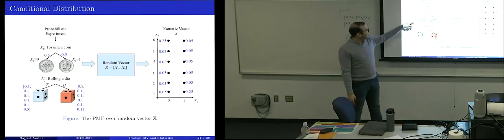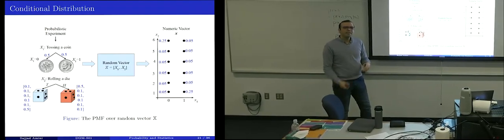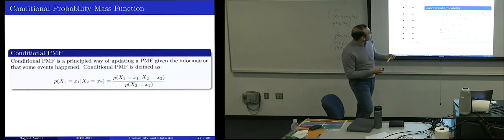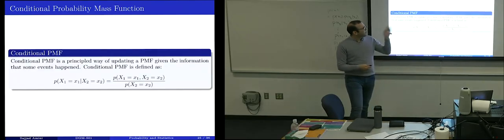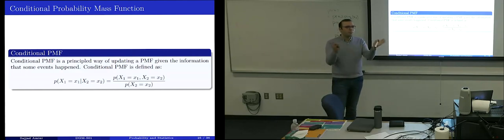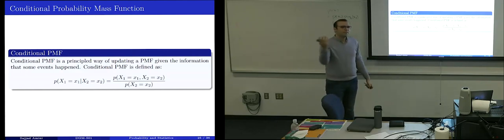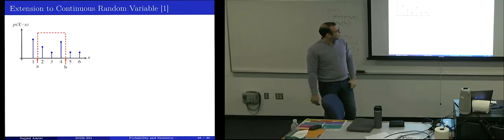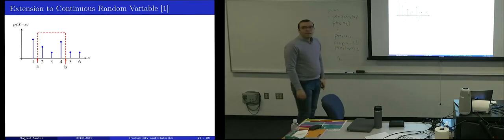The die for the result of tail has a higher probability for 6. The conditional PMFs are a principled way to update your belief when some information is given to you. We will use this idea during this course, and it is very important for us.